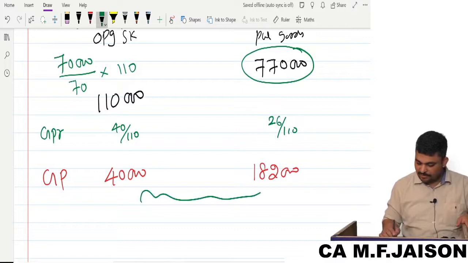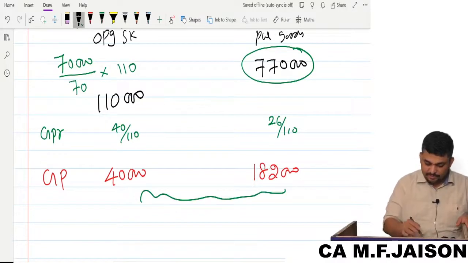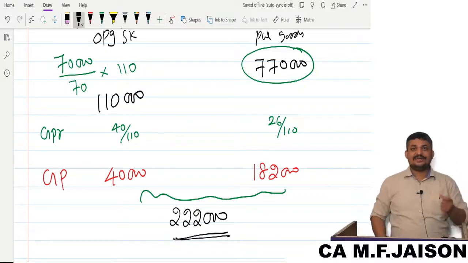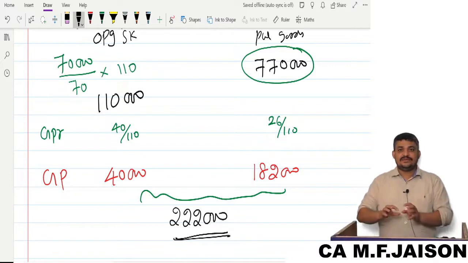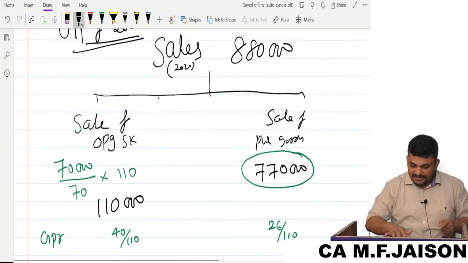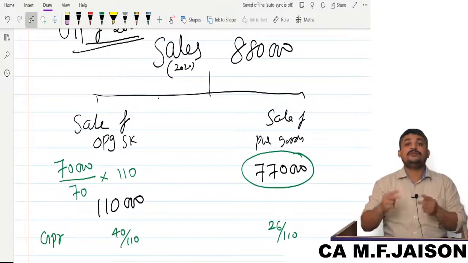When you take the total, it is 2,22,000. For current year gross profit, instead of applying one single margin on total sales, we split the sales into two and apply two different margins.